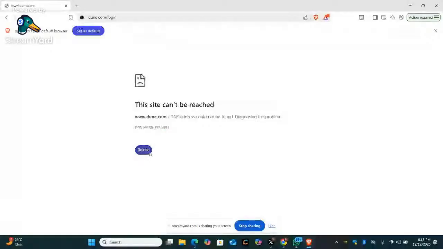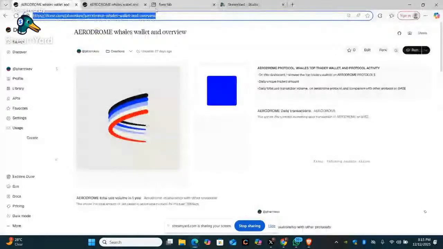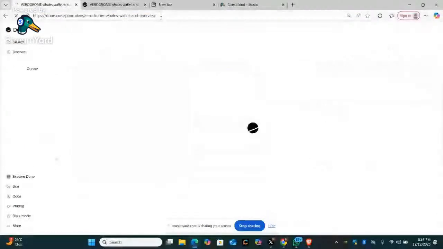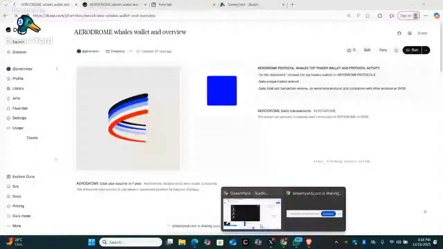If this doesn't work, someone suggested doing a hard refresh. Why don't you use Control plus R? Why are you using Bridge? Why don't you use Chrome? Chrome delays a lot, so that's why. Let me try to use Chrome.